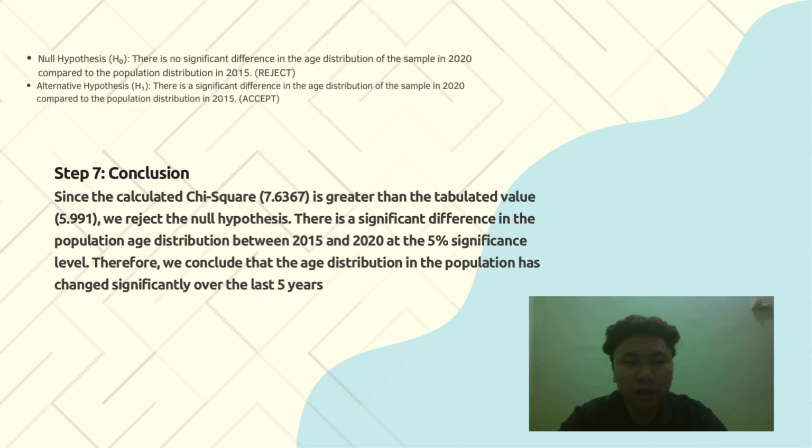Since the calculated chi-square value is greater than the critical value, we reject the null hypothesis and accept the alternative hypothesis. This means that there is a statistically significant difference in the population age distribution between the years 2015 and 2020 at the 5% significance level.